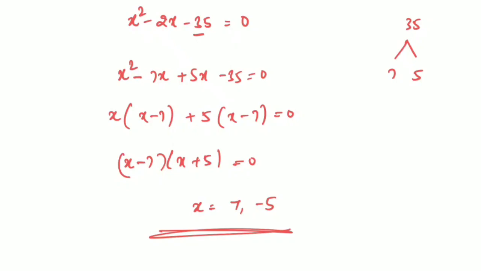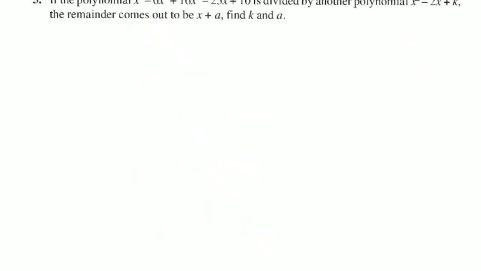Now look at the last question of this exercise. If the given polynomial is divided by another polynomial x square minus 2x plus k, the remainder comes out to be x plus a. Find k and a. If you are dividing, you are getting some remainder. So subtract the remainder from the given polynomial so that it will divide perfectly.